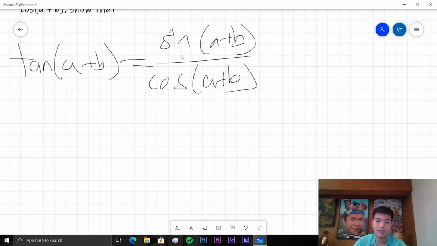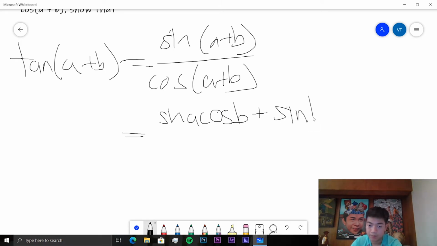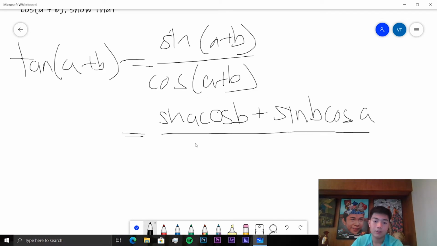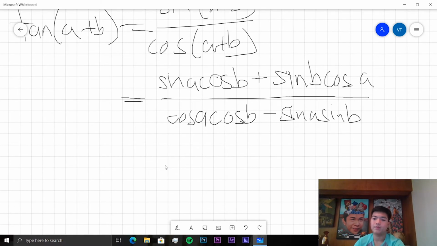So let's expand this. Sine A plus B is equal to sine A times cosine B plus sine B cosine A, all over cosine A plus B, which is cosine A cosine B minus sine A sine B. So what is the next step here?